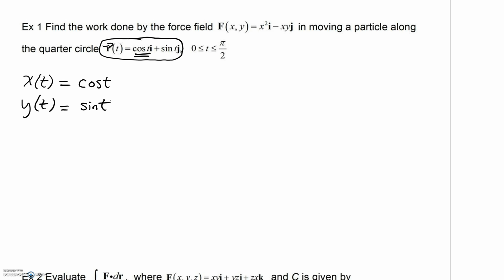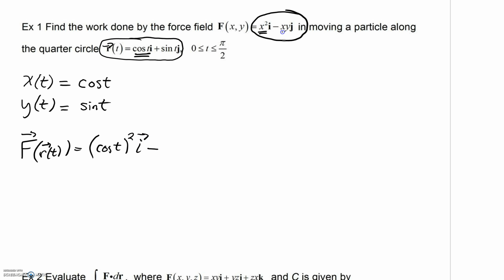When you look at f of r of t, the way it was written in the notes, what it's really saying is come back here to your force function, but use those parametric forms and rewrite f really just in terms of t. So when I see x squared i, I'm going to write cosine of t squared i.